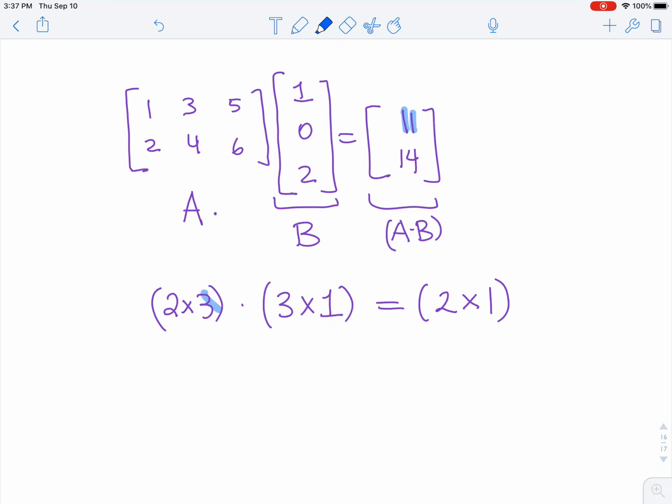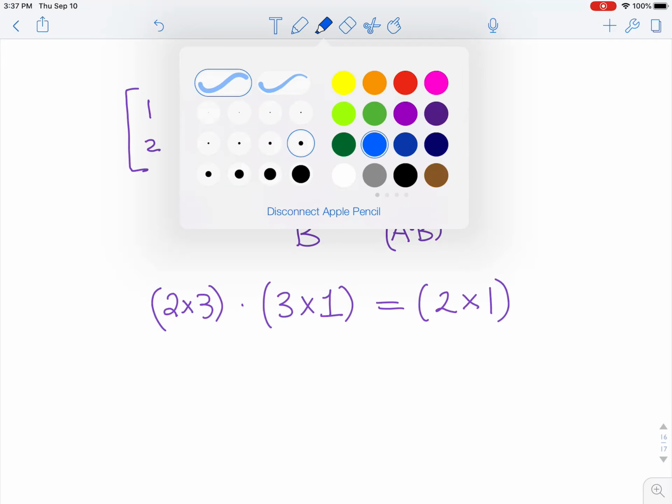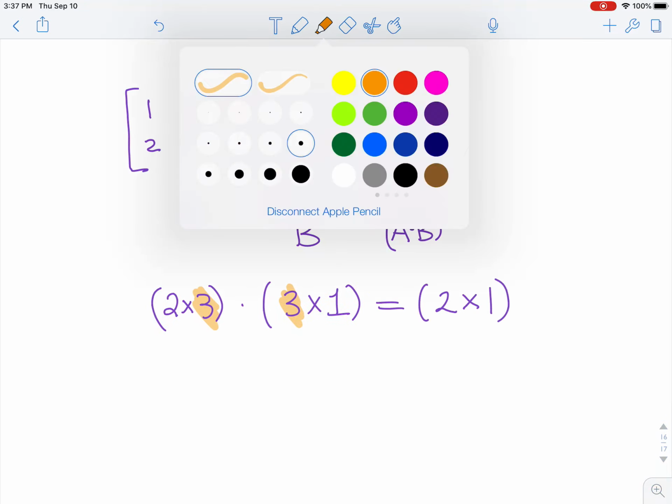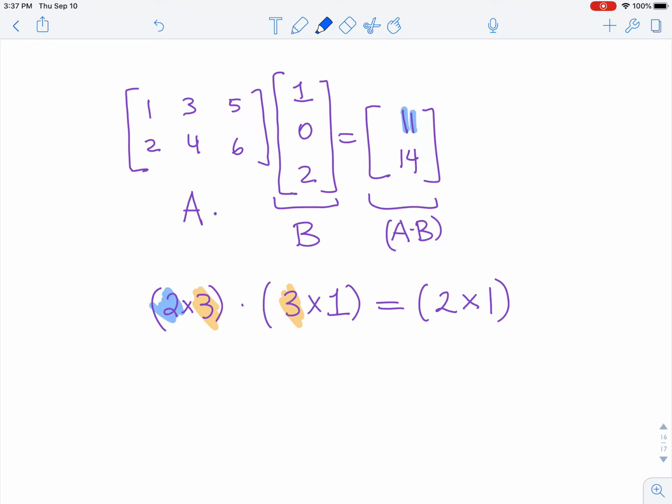So this shows us that this product was defined because the middle numbers were the same. You can imagine they kind of get scrunched together, and at the end of the day, our product wound up being 2 by 1. Okay?